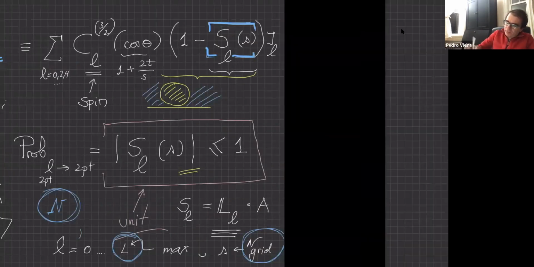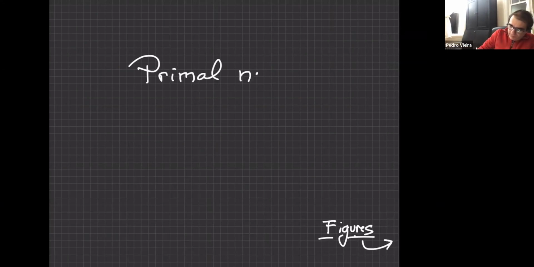Now what I will do in the next slide, I already have a warning here that the figures are coming. I want to show you the primal numerics. But before I show you, let me say what exactly I am going to show you.